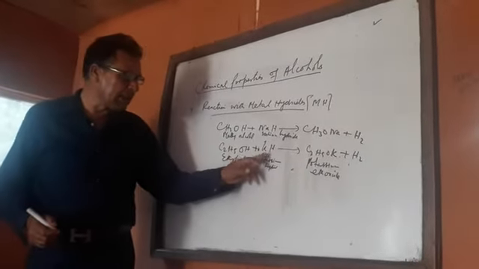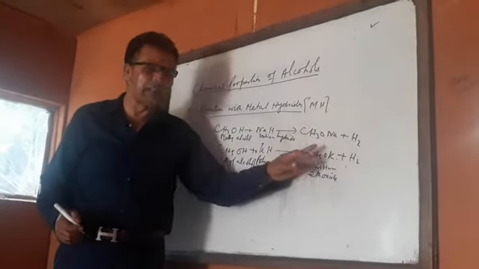Ethyl alcohol plus potassium hydride gives potassium ethoxide plus hydrogen.